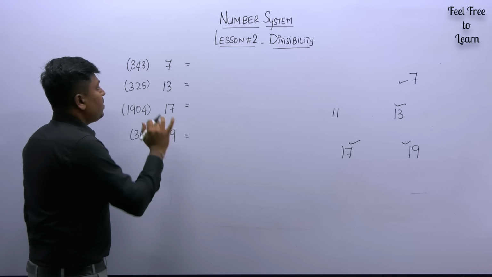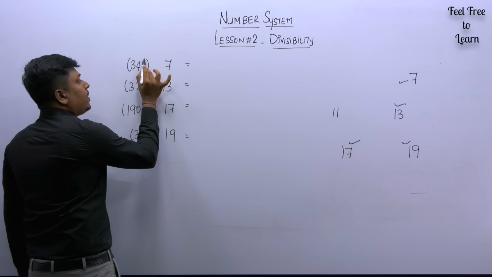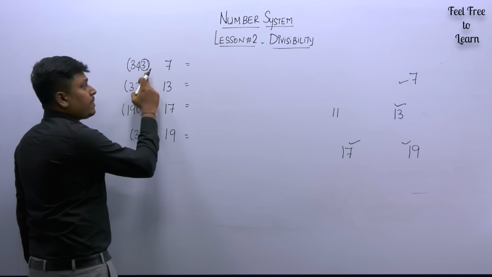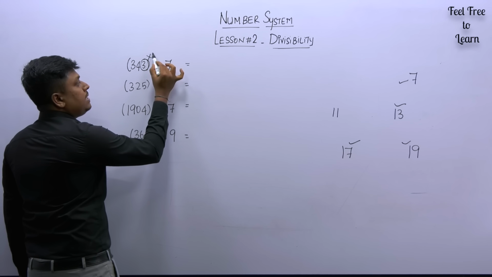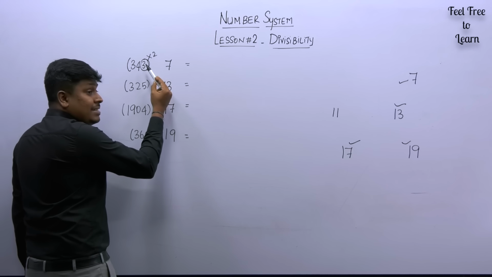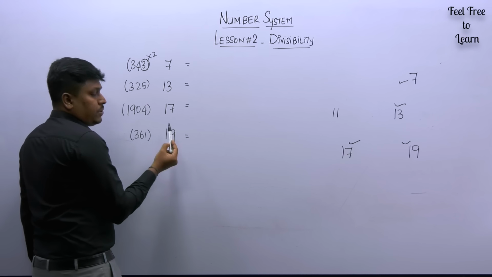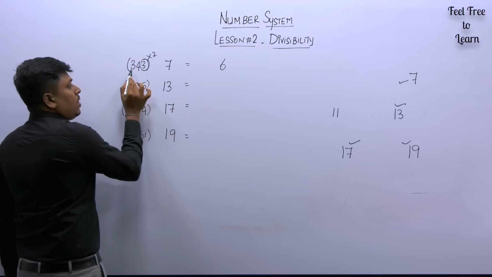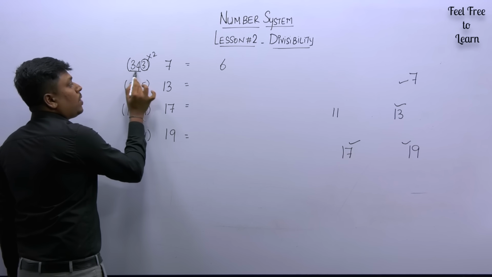What you need to do here is concentrate on the last digit. The last digit is 3 here. Just listen carefully. You need to multiply this last digit of the given number by 2. So 3 into 2 is 6. Got it? Now the remaining 2 numbers are 34.